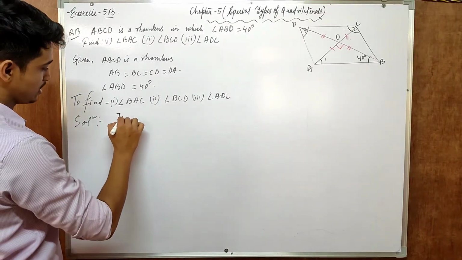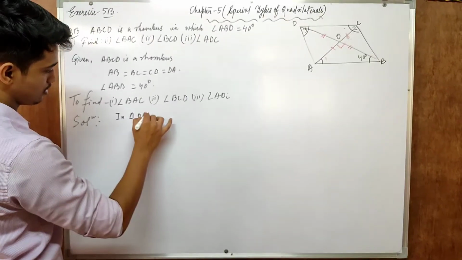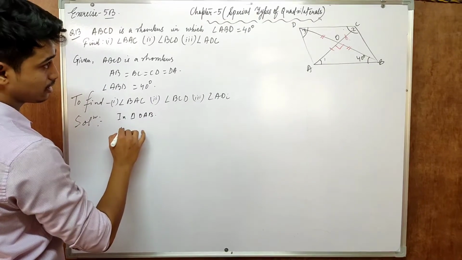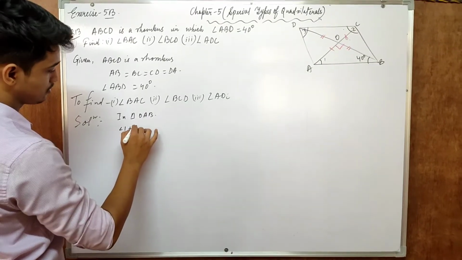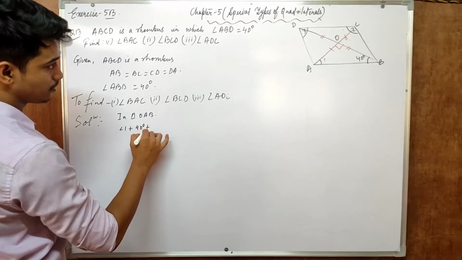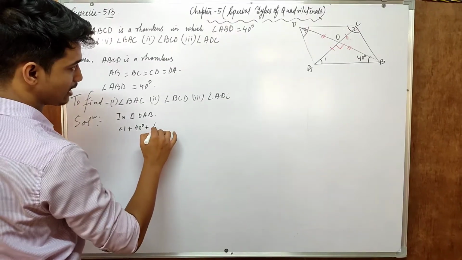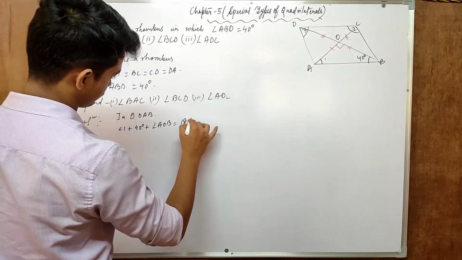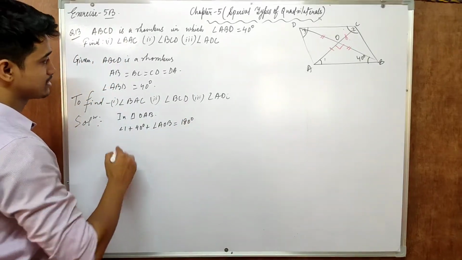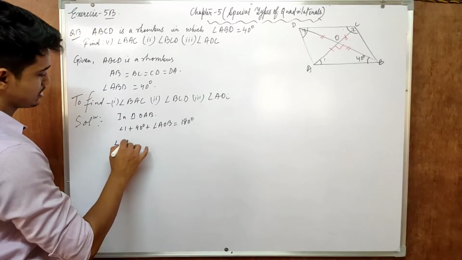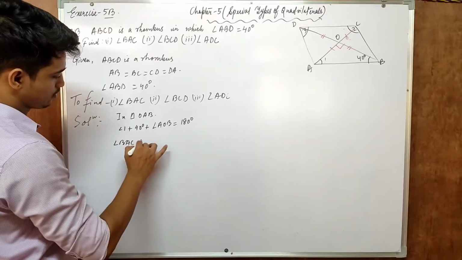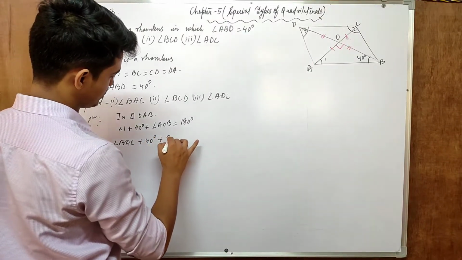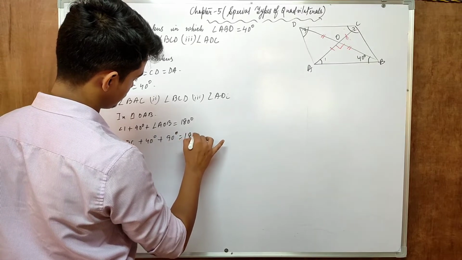So we will write, in triangle OAB, angle 1 plus 40 degree plus angle AOB equal to 180 degree, right? So angle 1 is nothing but angle BAC, so angle BAC plus 40 degree plus 90 degree equal to 180 degree.